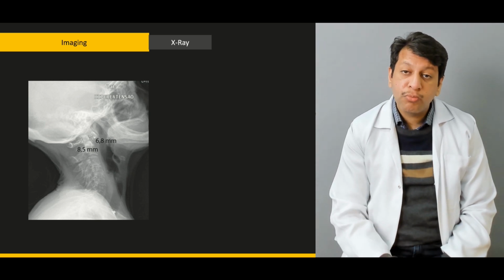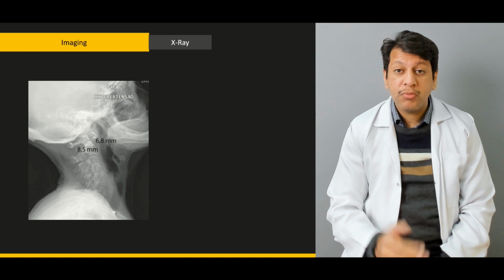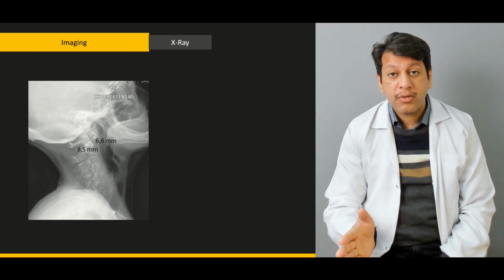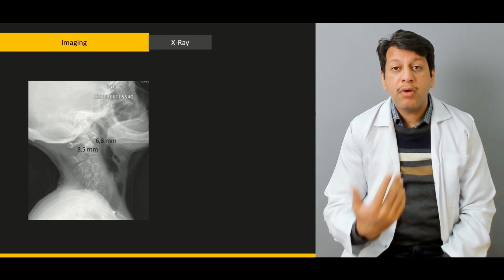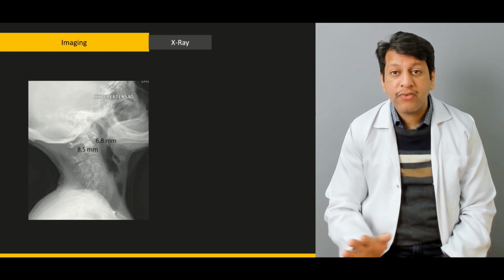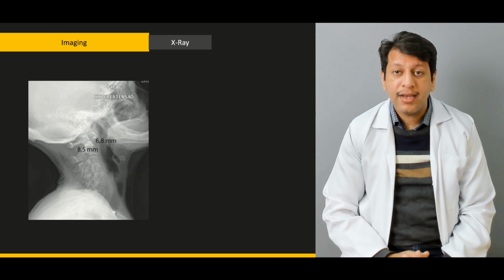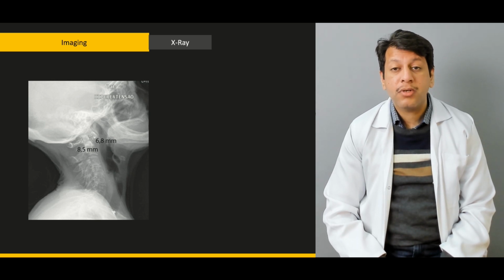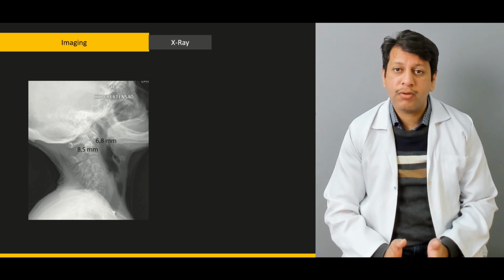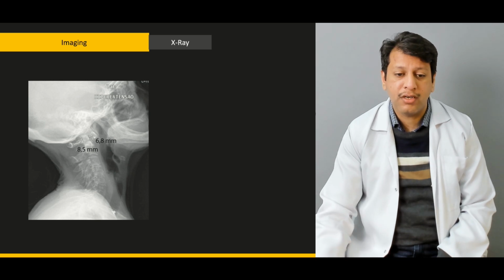If it goes more than 7 mm, this means both the transverse and alar ligaments are torn. And when it goes above 10 mm, this means there is a frank subluxation or dislocation of the C1 over the C2, and that needs correction, especially surgical correction in the case of cervical spondylitis due to rheumatoid arthritis.